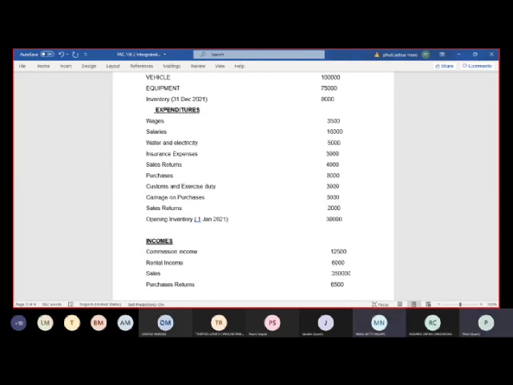What is 16,000 minus 3,000? So we have the total of 13,000 rand. Our 3,000 will go to the prepaid expense on the financial position. Thank you so much for that one.